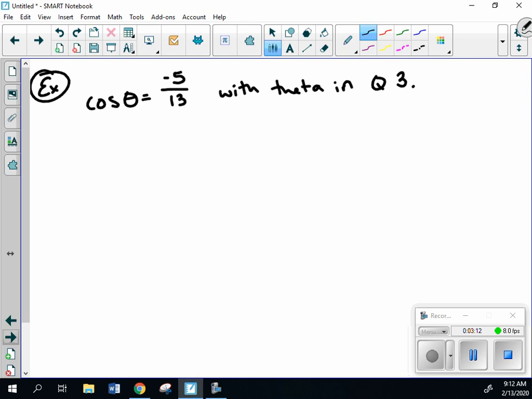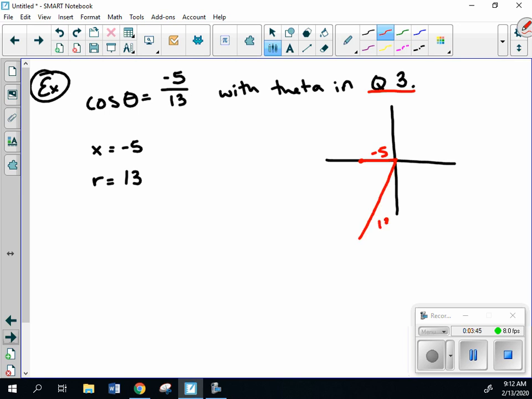Okay, so the reason why this information is helpful is because this kind of gives us a base of where we're at. So if we have the cosine of theta, our x value is -5, and our r value is 13. So I'm not going to do this with the circle, but if I'm looking at it, -5 is over here, okay? 13, if I'm supposed to be in quadrant 3, 13 would be this measure.